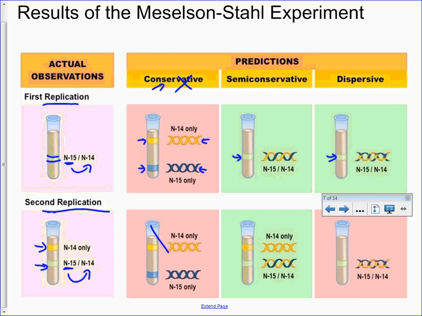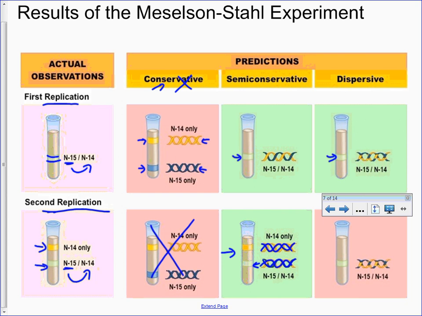And comparing this, we'd already ruled out conservative replication. Comparing this to what would be expected in semi-conservative replication, because every time the DNA replicates, the new strand is found with the old strand, you would expect to find a strand containing nitrogen-15 and the DNA molecule that also contains nitrogen-14, the band here. And then as the molecule replicates, one of those original strands would have been used to build a nitrogen-14 strand.